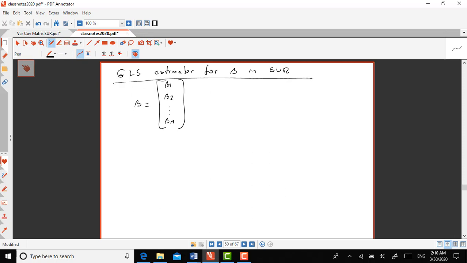Now let's think about, as usual, what we already know. Well, actually, what we could do, if you think about it, we have these n equations, we could be using least squares to estimate each equation separately.